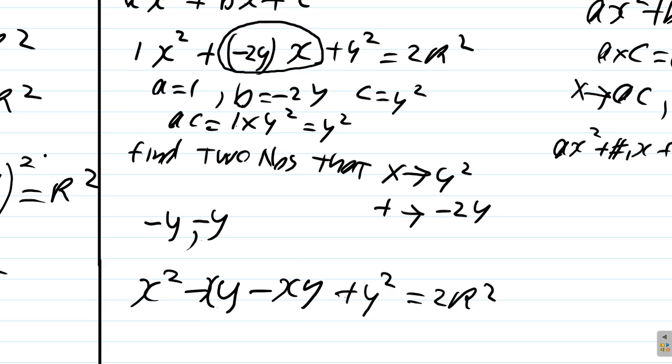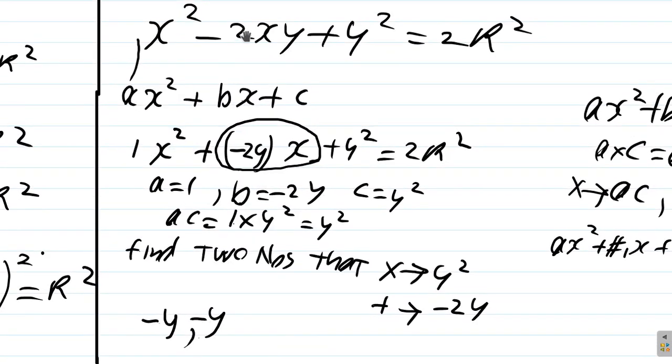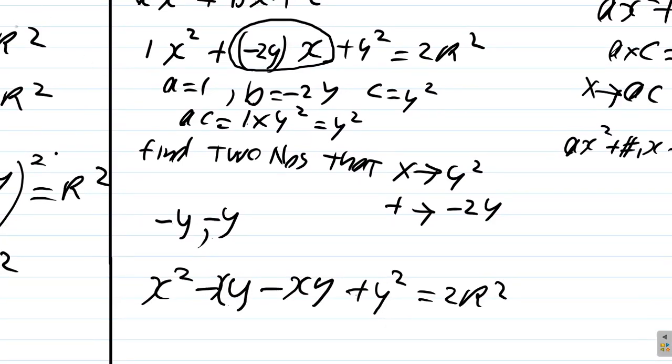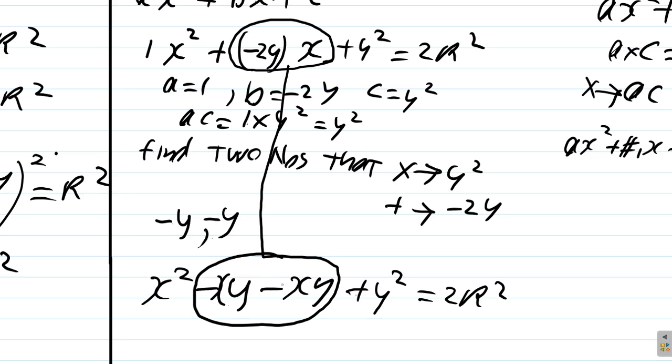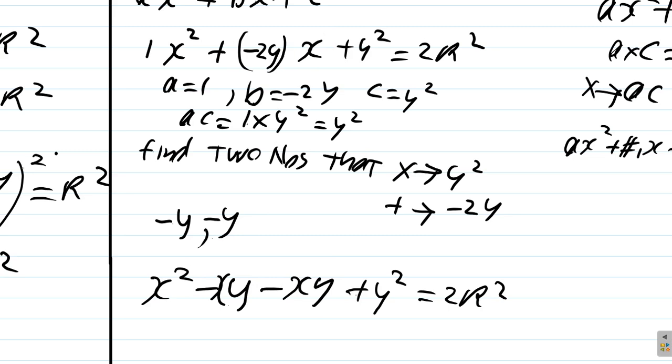So you see, all of this is negative 2xy. You just have to separate the 2y from the x. It's negative 2xy. So you see that? It is this. Negative xy plus negative xy is negative 2xy, right? Just want to highlight that.